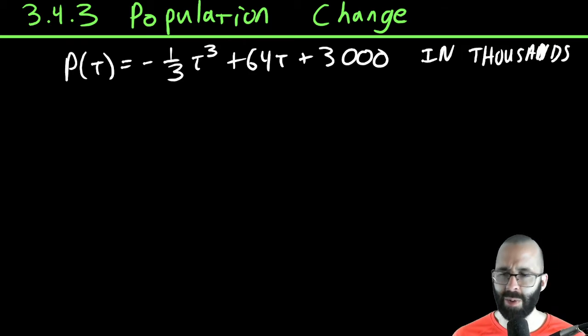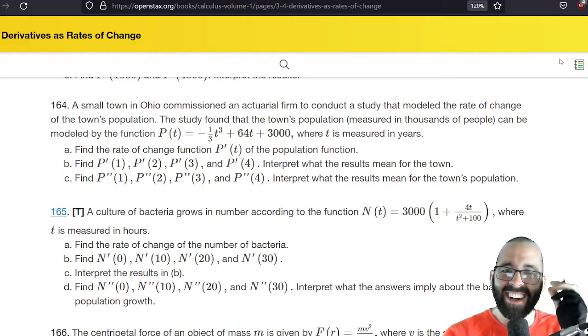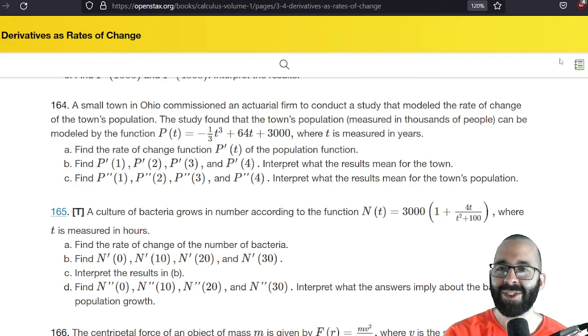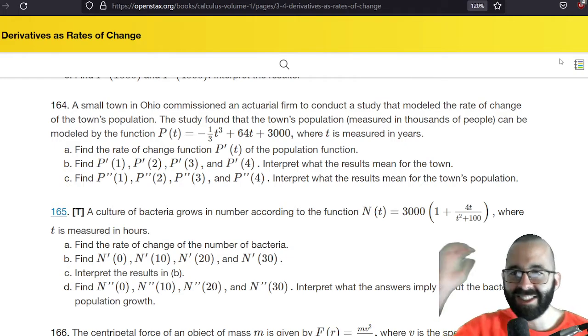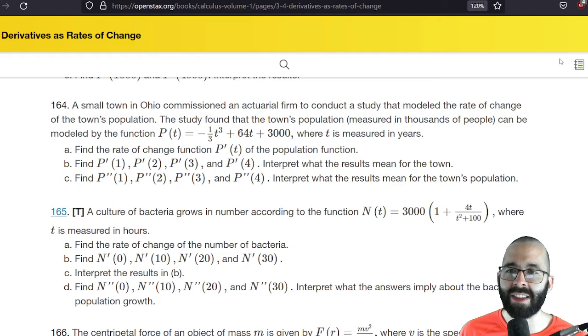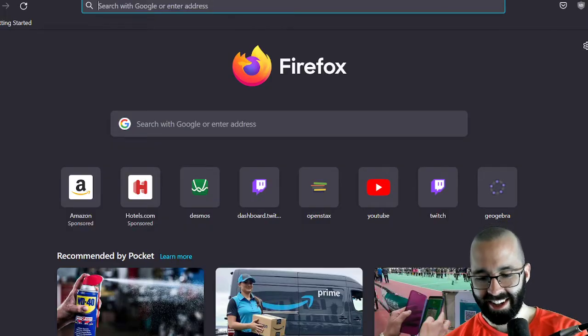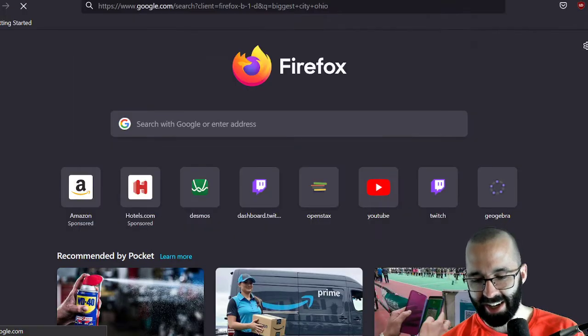3,000 people. Wait, what? A small town in Ohio? I don't know much about Ohio, but it's 3 million. There's not even a city in Ohio with 3 million people, is there? Am I losing my mind? P is in thousands of people, and it starts off at 3,000, so that's 3 million. Wait, hold on. Biggest city, Ohio.